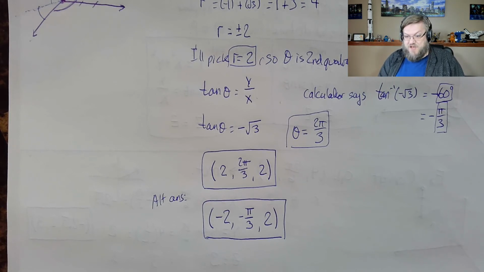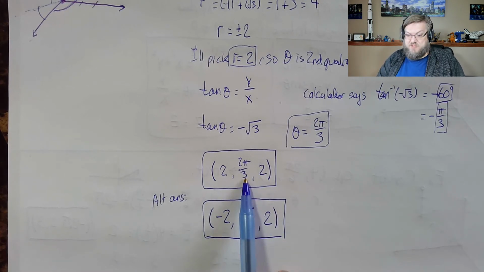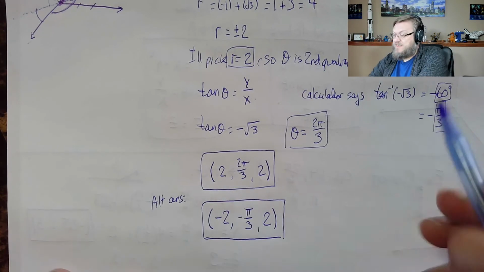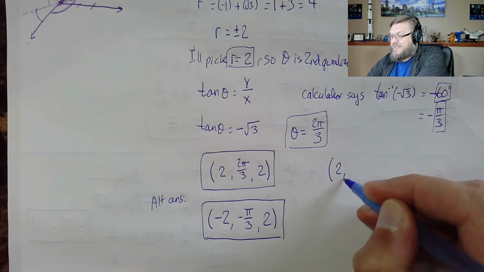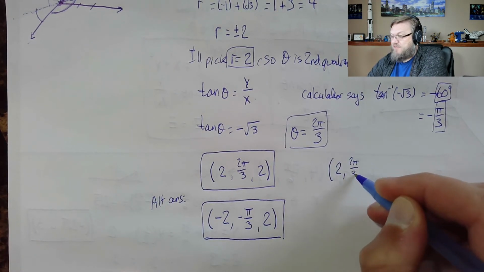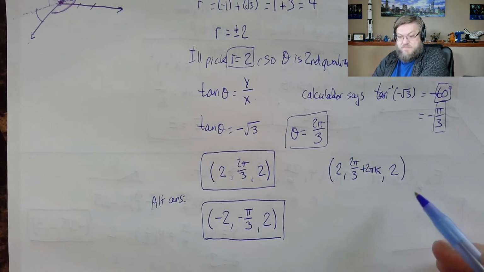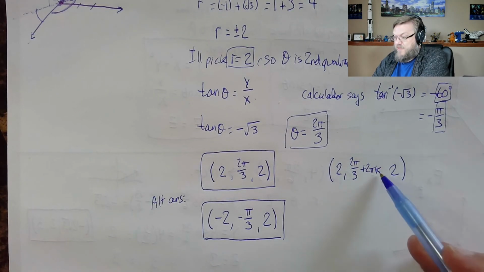Now, what are some possible other answers? Well, for theta, I could literally add any multiple of 2 pi to this, and it'll spin me right around to the same place again, over and over again. So anything of the form 2 pi over 3 plus 2 pi k is totally legit, for k an integer.